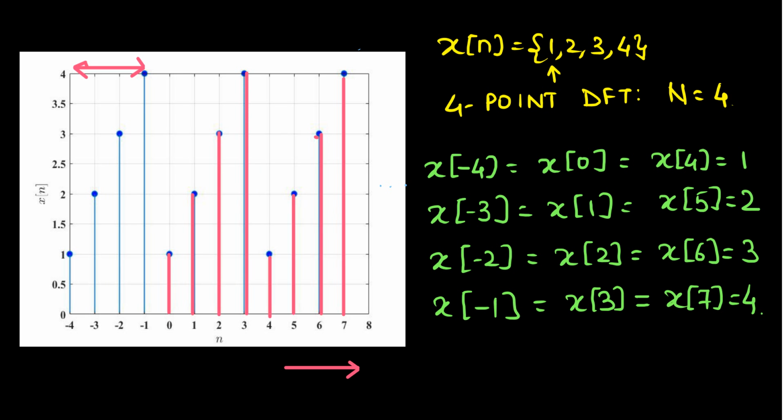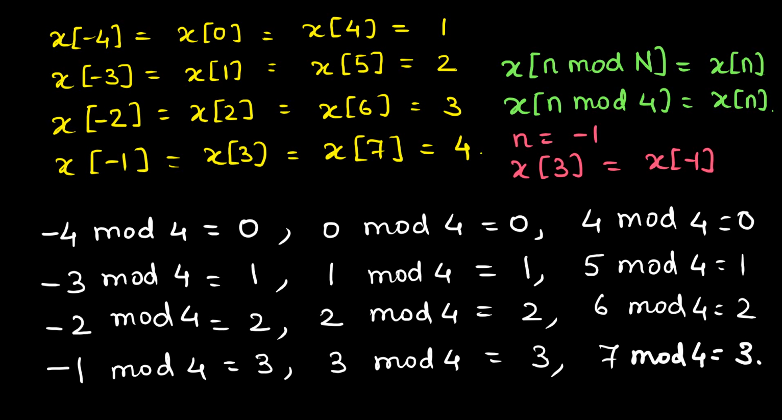Similarly, the part from -8 to -5 would be available here. So what we observe is, when we shift by 4, we get back the original signal. Now what does this mean? This means that instead of a linear shift, we are getting a circular shift.